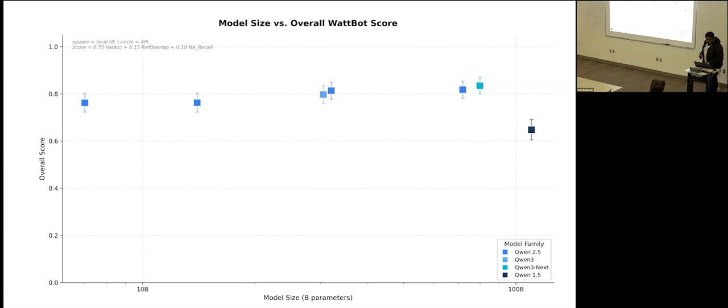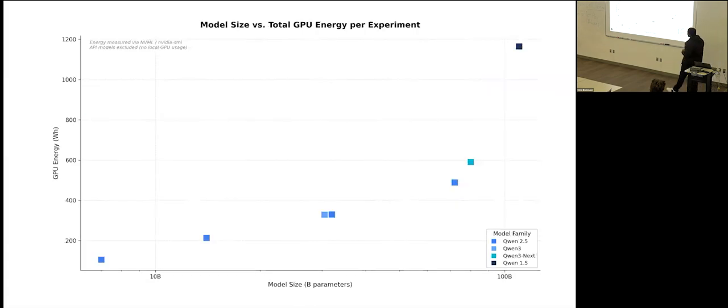So let's look at size and GPU energy per experiment. Again, we have the 2.5 family models that have a linear increase in GPU energy consumption as parameter sizes increase. And we have right up there the Qwen 1.5 family of models. So again, a better architecture also helps us reduce the energy consumption with the models that we're trying.